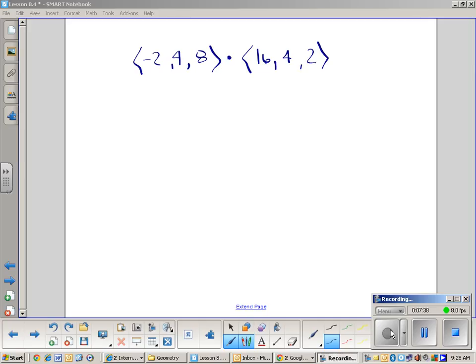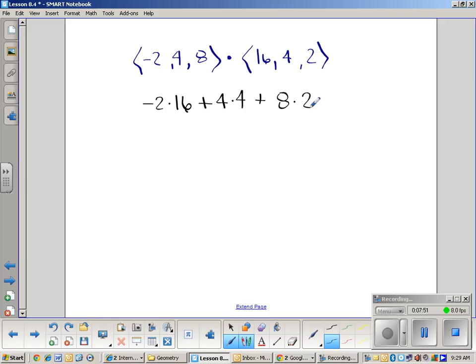Give me the real numbers now. So this gives me negative 32 plus 16 plus 16, and I agree those two are 32. Negative 32 plus 32 is 0. So the inner product is 0, meaning these vectors are perpendicular.